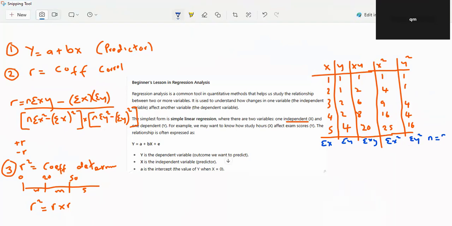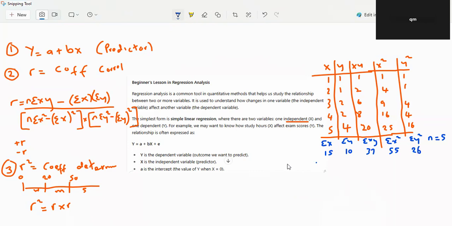And what is the total here? 15, 10, 16, 20, 55, and 26.